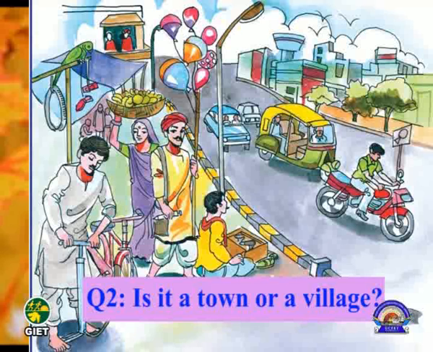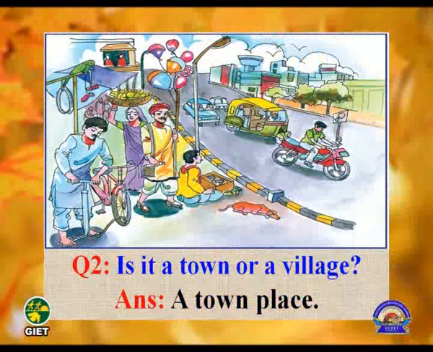If the road is very, very wide with dividers and long footpaths, then it must be a town. In a village we don't need such big roads or such big footpaths, because there is lesser traffic. So your guessing is right. The picture is about a town place.